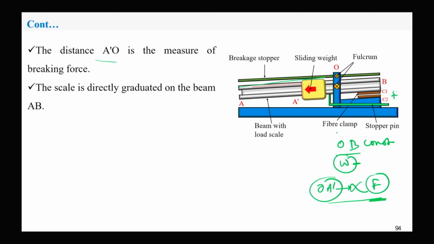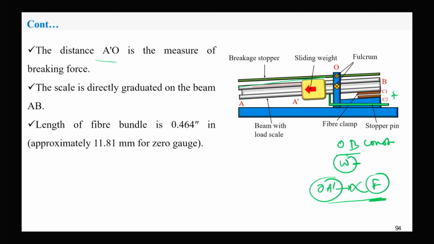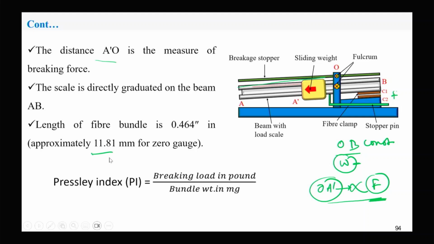If we have these constant values, okay. So length here is 11.8 millimeter at 0 gauge length, and from here we can calculate the Pressley index. Pressley index is given by breaking load in pound and bundle weight in milligram.